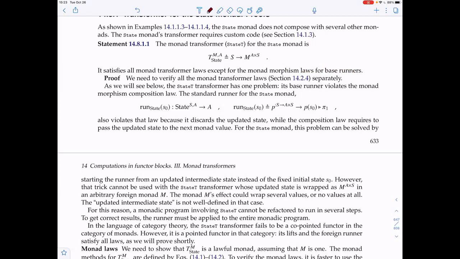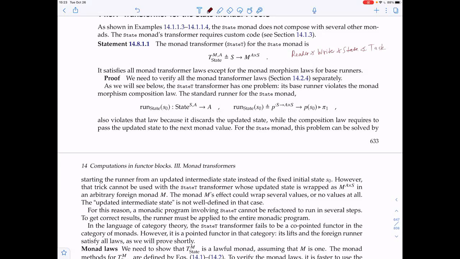Let me just talk about this, because that has implications for programming. So imagine you have a stack like this: reader, writer, state, and then let's say you have some kind of task monad at the end of the stack.